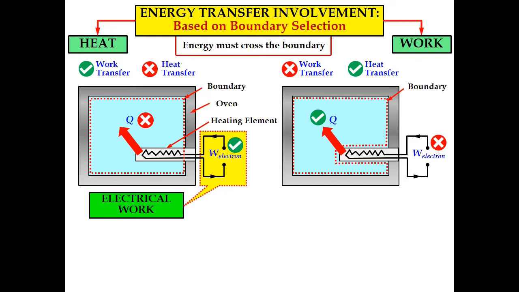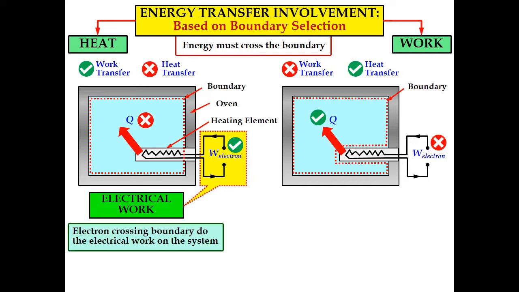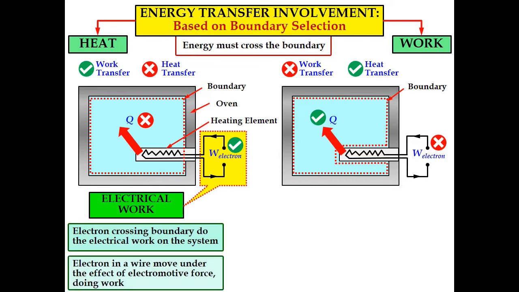Okay, now about the W electron, or what we call electrical work. For this electrical work, the electrons cross the boundary and do the electrical work on the system. An electron in a wire moves under the effect of electromotive force and does work.